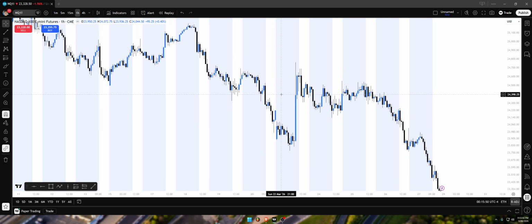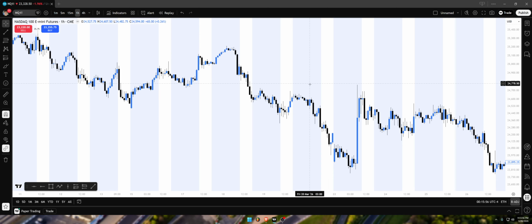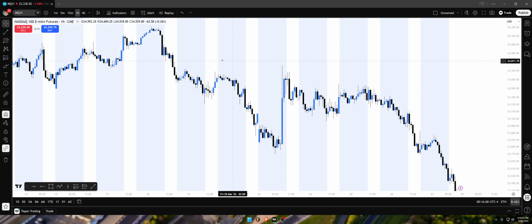Basically, all a liquidity pool is, is a high or a low in the market. And this idea of liquidity gets created or assumed because lots of people trade trend lines, or they trade spikes in price direction.